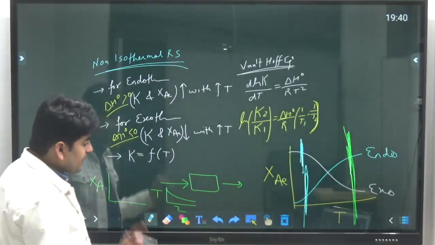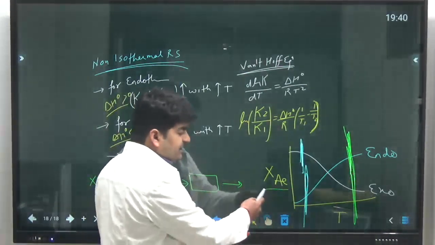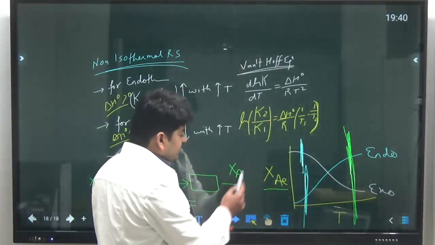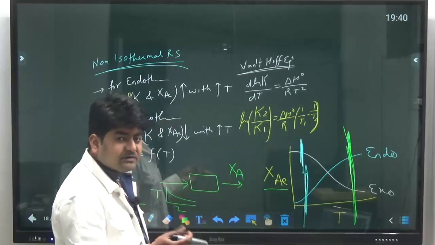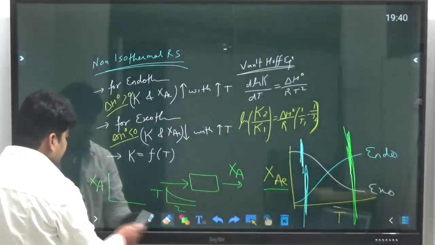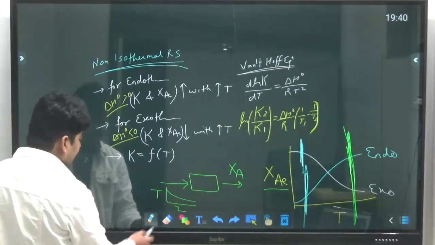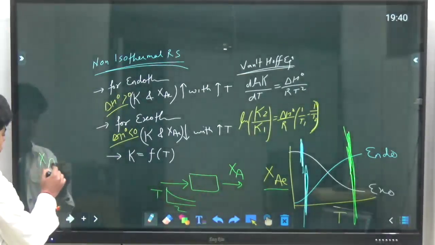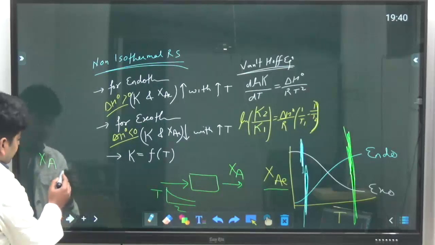So see, understand, equilibrium conversion, overall conversion, ठीक है. ओवरऑल कन्वर्जन कम होगा या ज़्यादा होगा, ये आपको बताना है, ठीक है. I just want to know the overall conversion will be high or low.